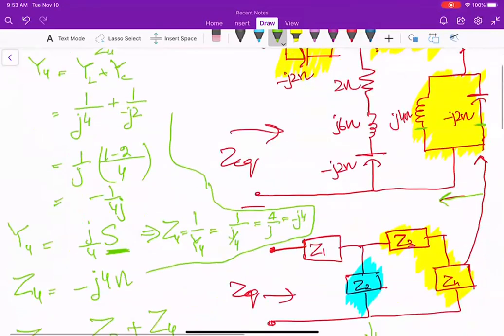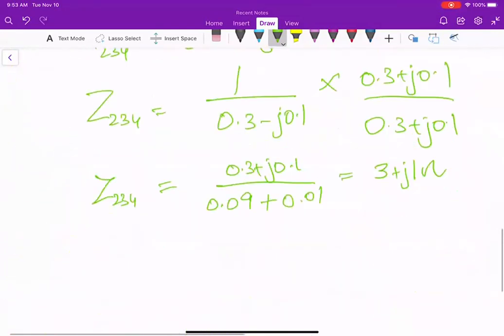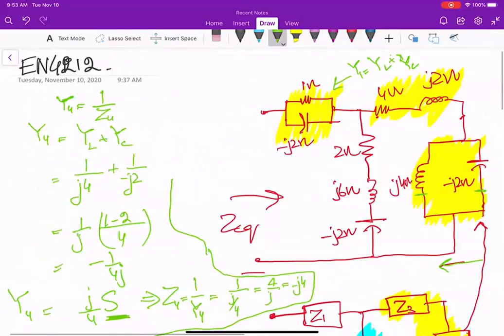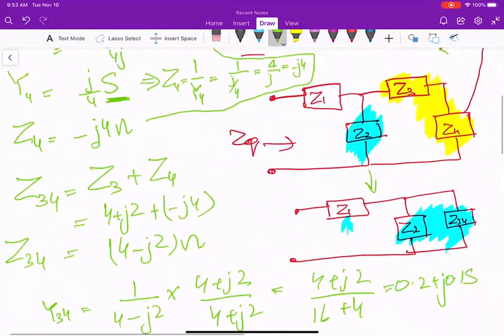So let's see. Y1 is equal to YR plus YC. Sorry, this is resistance. So YR is 1, but YC is 1 over minus j2.